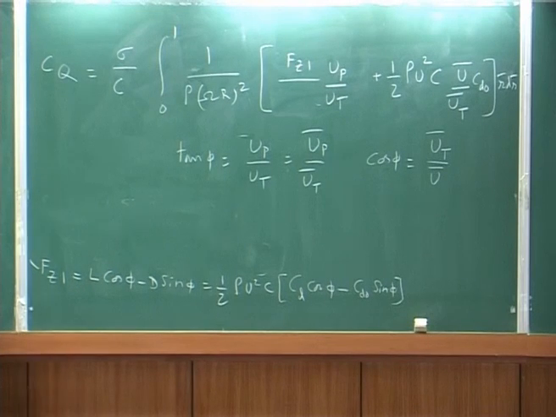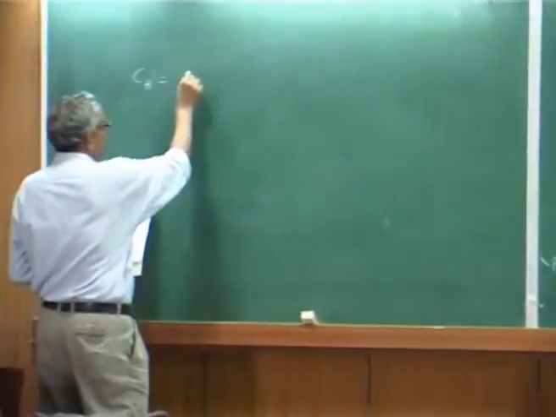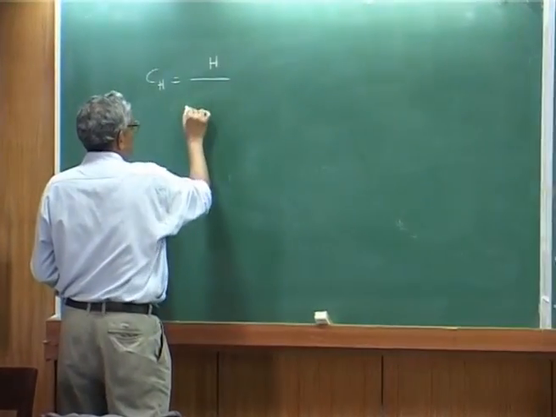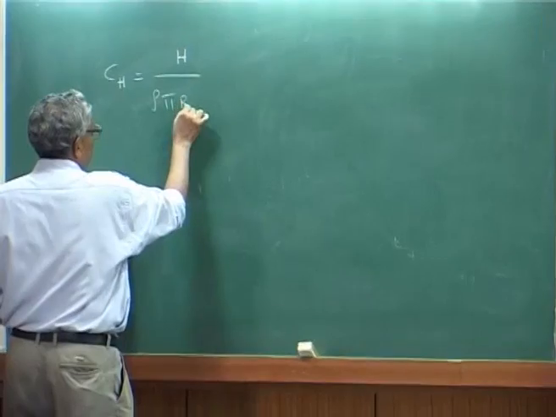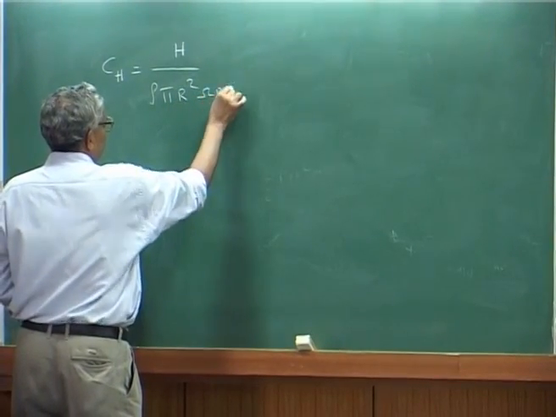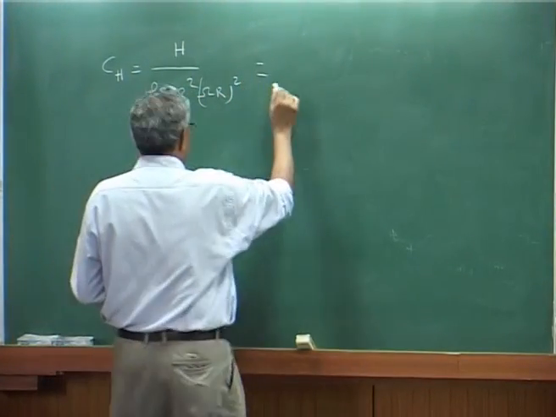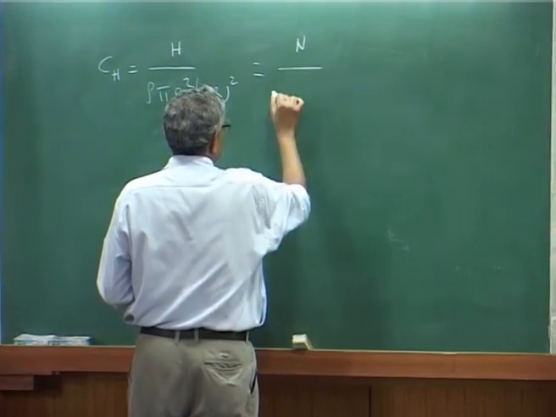Now, similarly we will formulate another expression for the horizontal force, which is C_H. C_H is basically H over pi r square omega r whole square. This is again number of blades.